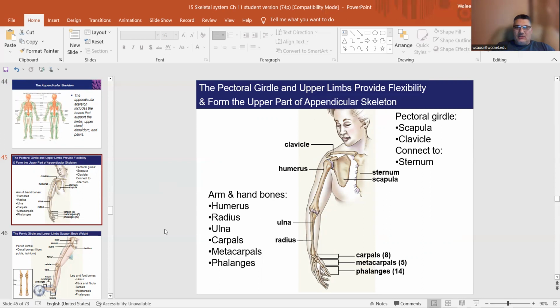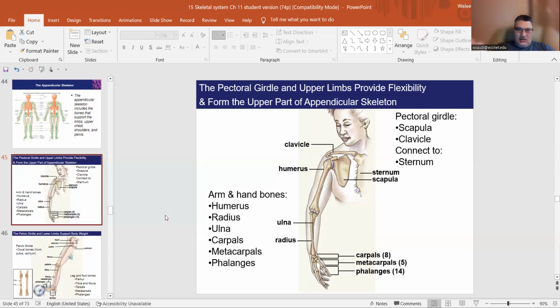All these names. And the only thing that most likely you might be confused about is which is the ulna and which is the radius. Okay? Again, the radius is toward your thumb. The ulna is toward your little finger. Remember that.